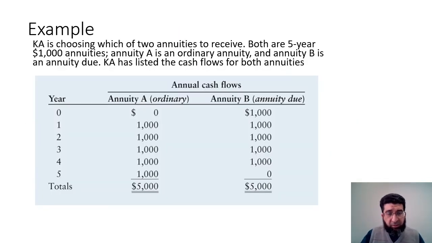First, let's look at an example. KA is choosing which of two annuities to receive. If you look at the characteristics, both are 5-year, $1000 annuities. Annuity A is an ordinary annuity, annuity B is an annuity due.